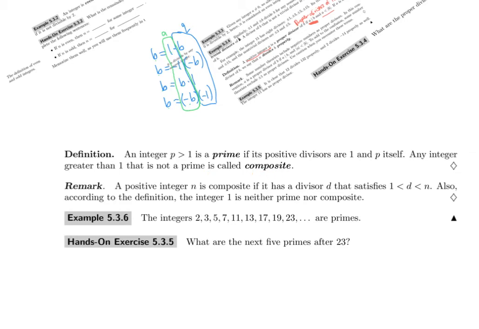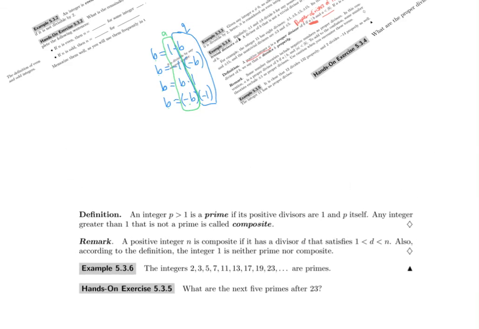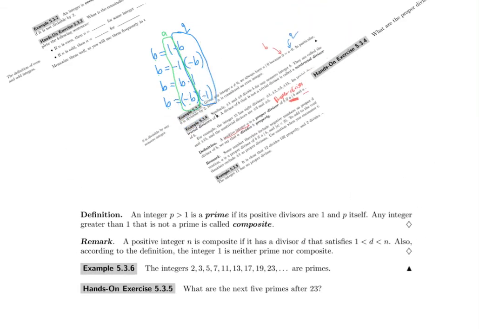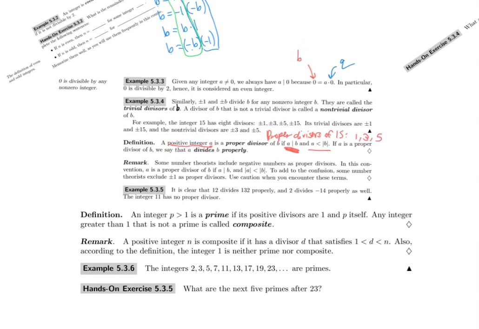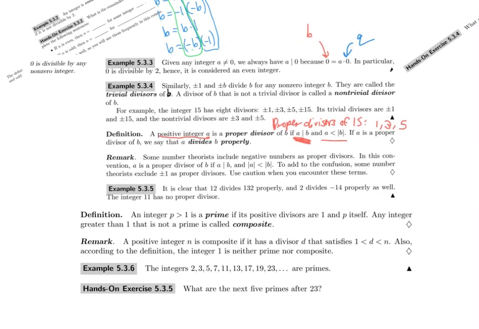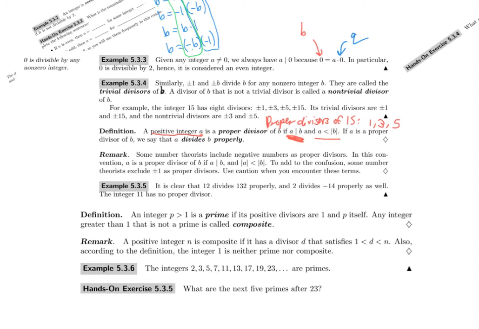Now before we continue, I want to take this idea and the idea of proper divisors. I'm going to give you an exercise in the homework that's not in the textbook where you're going to connect these two ideas. What do I mean by that?